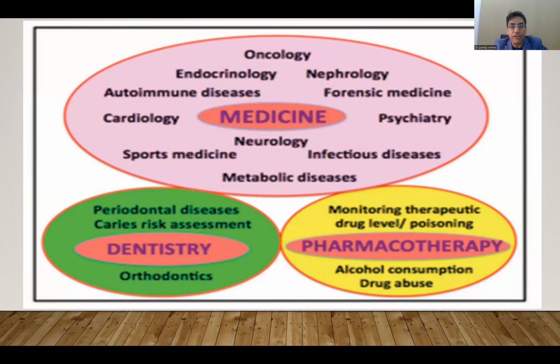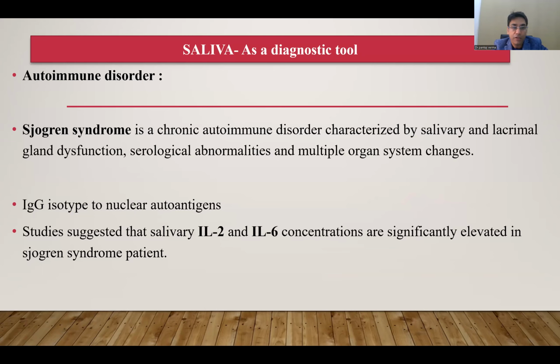Saliva as a diagnostic tool has various applications in various fields like medicine, dentistry, and pharmacotherapy. Now come to autoimmune disorders. Sjogren's syndrome is a chronic autoimmune disorder which is characterized by salivary and lacrimal gland dysfunction, serological abnormalities, and multiple organ system changes.